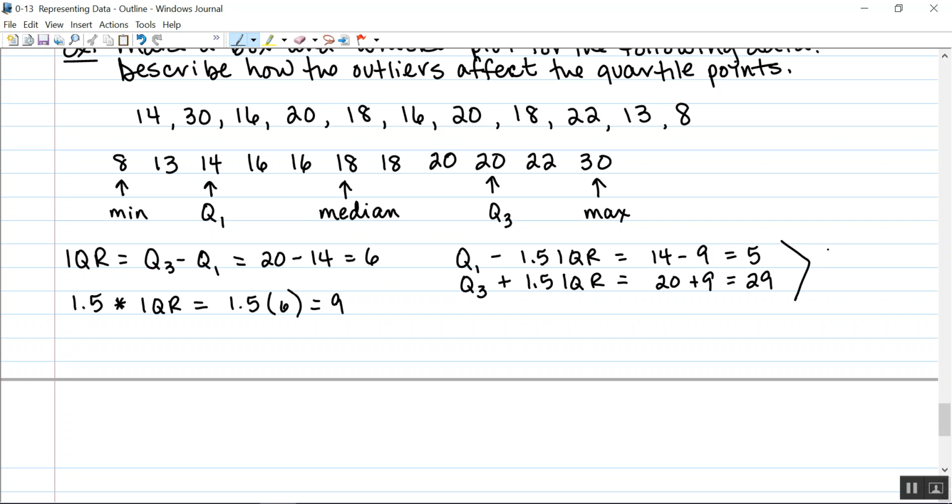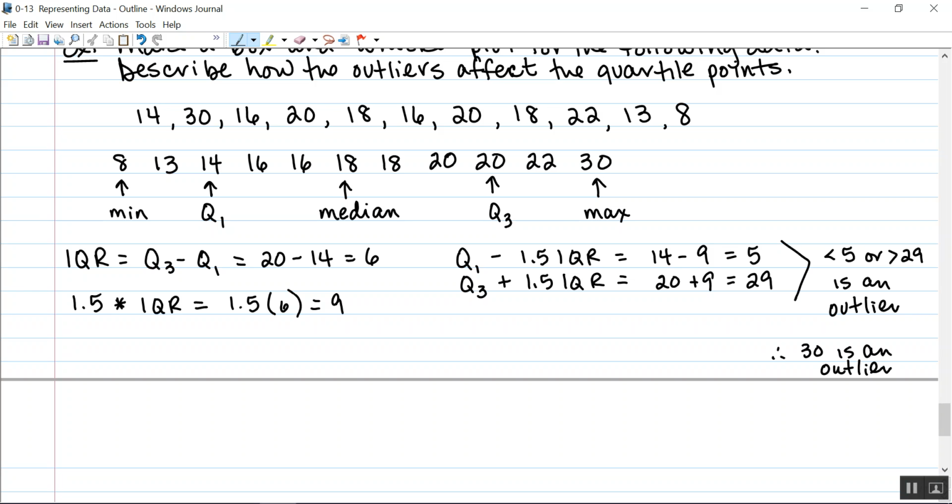So anything that is less than 5 or greater than 29 is an outlier. That means my value of 30 is actually an outlier, because it is greater than 29.